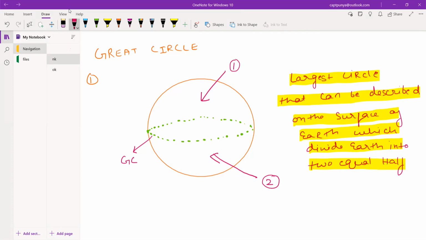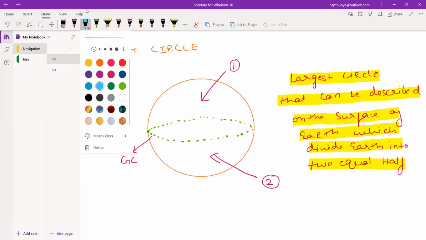Now have a clear look at this and see what is common between the great circle and Earth. See this circle. I'm going to use a different pen for better understanding, so let me take blue. Have a look here.